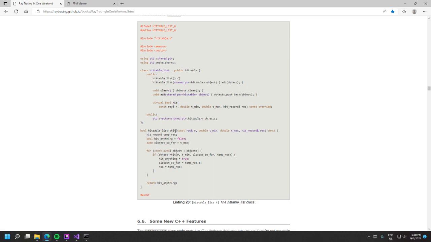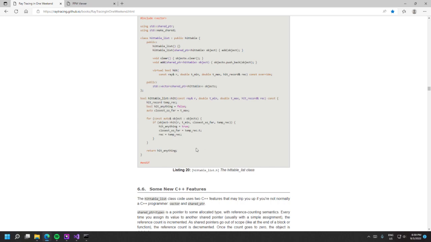And the function hit. This function returns a boolean, true or false, on whether the given ray within the time period t min and t max has hit anything.